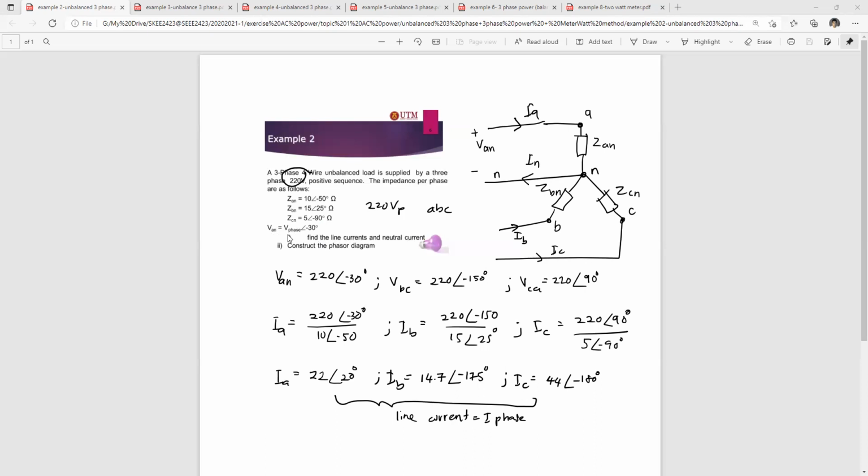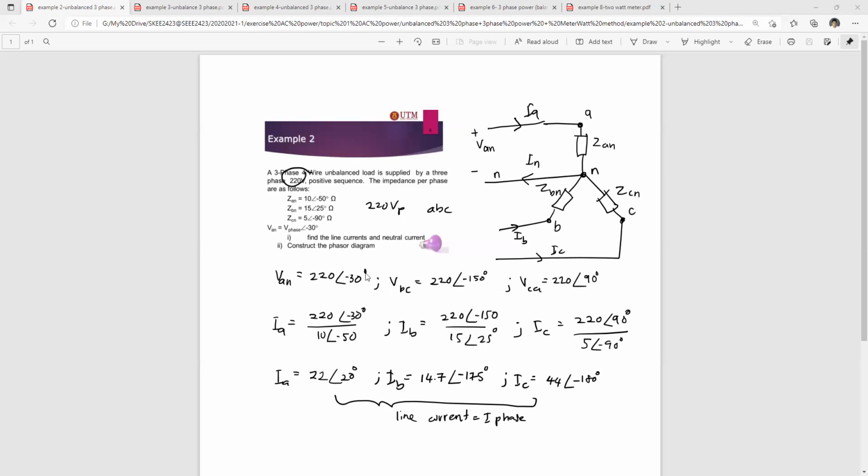The information that we have is the impedance and also the V phase. As usual, it's very easy. We write down all the values of the V phase. So 220 volts with an angle of negative 30 degrees. This is our reference.